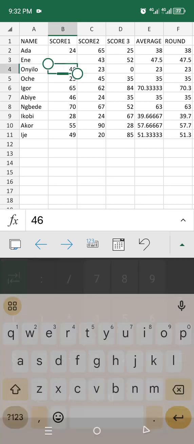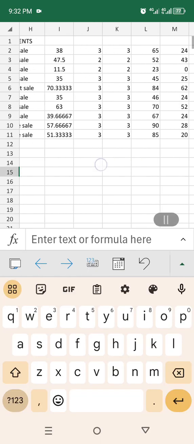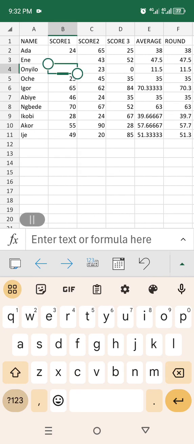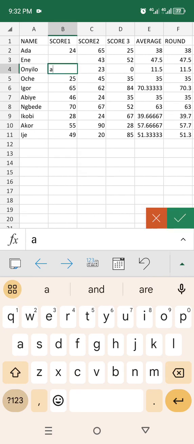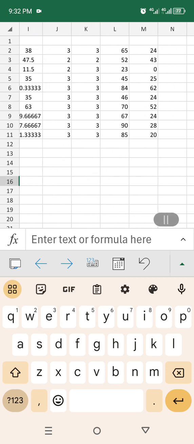Okay, now let's come here and remove this one. We are going to have this one 2, 2 as well. But what happens if we put a letter here? Let's say letter A. As we put letter A, what happens? This one remain 2, this one become 3.